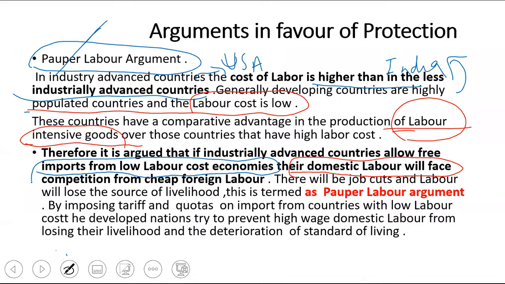If they allow the import of products or labor from India, I already told you, their labor will become unemployed.